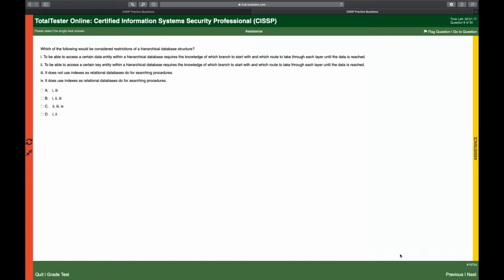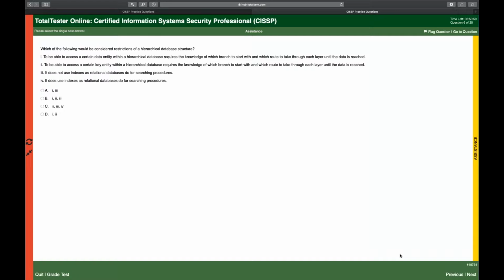Delta. 1 and 2. To be able to access a certain key entity or data entity.